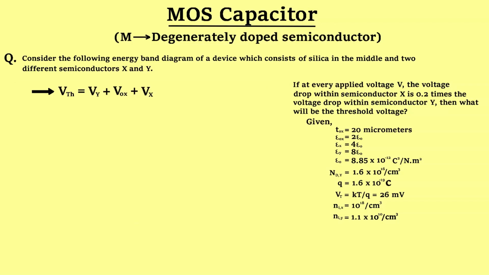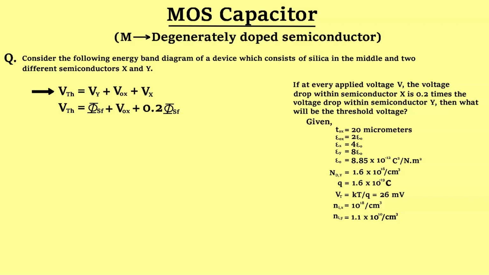The threshold voltage will be equal to the voltage drop across semiconductor Y plus the voltage drop across the oxide plus the voltage drop across semiconductor X. The potential drop across semiconductor Y is nothing but the surface potential. It is also provided in the question that the potential drop within semiconductor X is 0.2 times the potential drop within semiconductor Y. If it was a metal, then the potential drop would simply be put equal to 0.